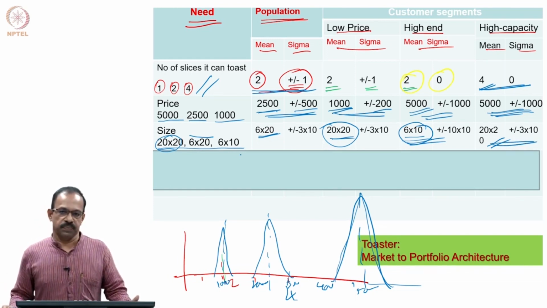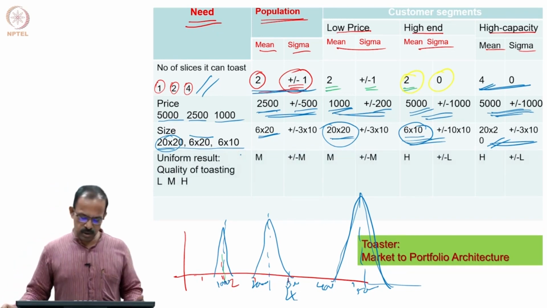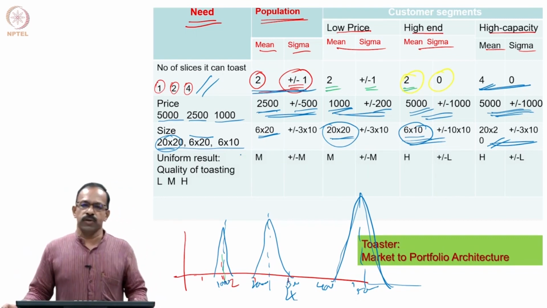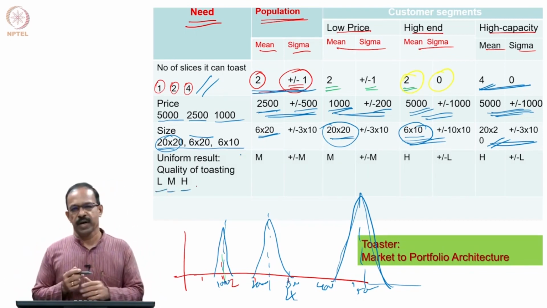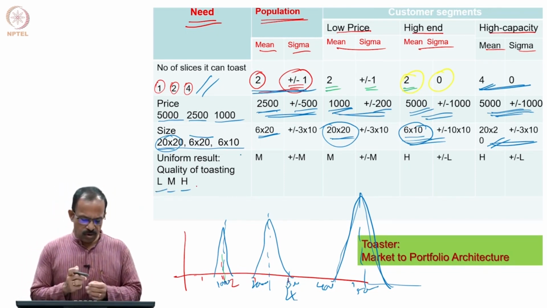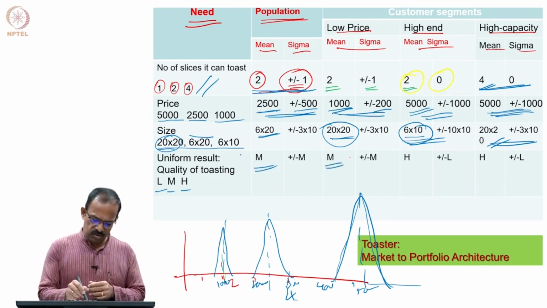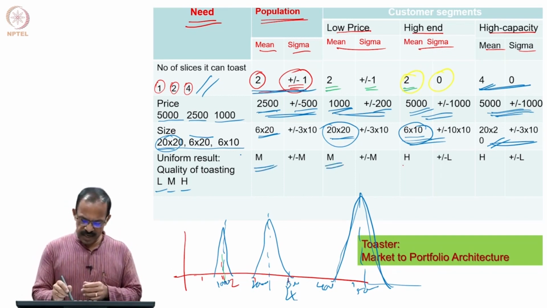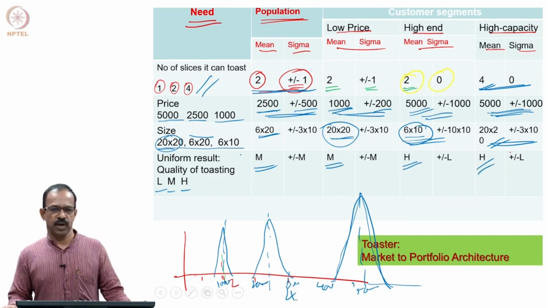Now, the last one we will talk about is the uniform quality of toasting. We say that the toasting quality is low, medium and high. The population says that medium quality is okay, and the low price segment also says medium quality is okay, but the high end says it should be high quality, and the high capacity also says it should be high quality.